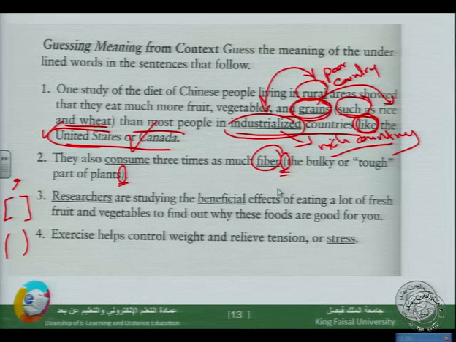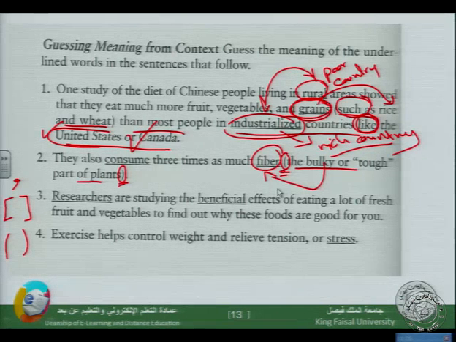The things or the words between the parentheses, الكلمات الموجودة ما بين الأقواس, explain the meaning of fiber or gives the meaning of fiber. So شو معنى fiber? Fiber means tough parts of the plants, bulky.